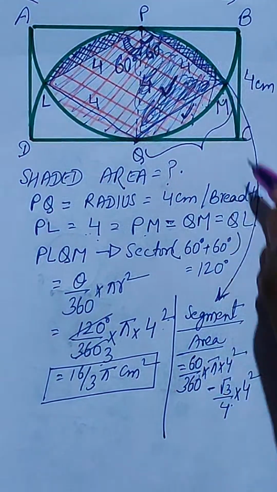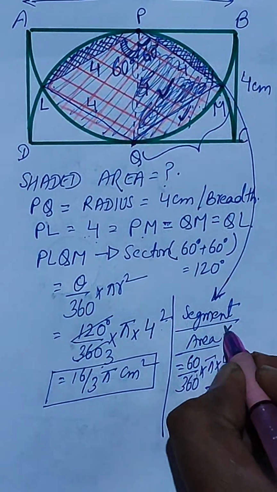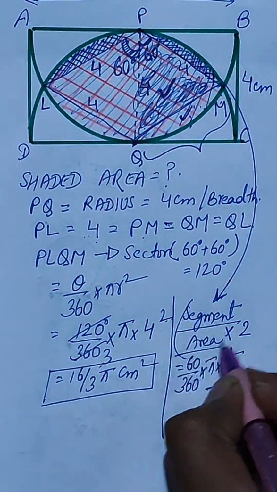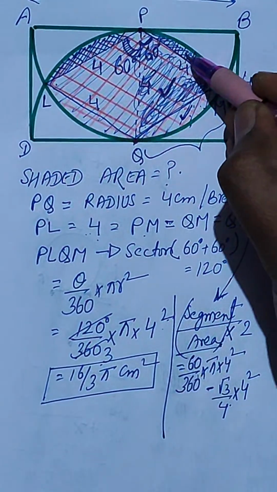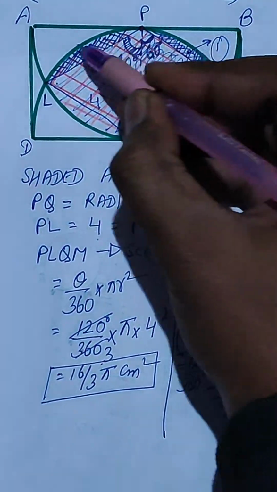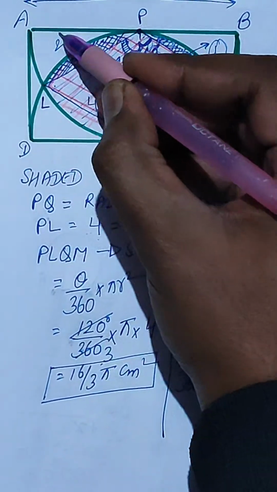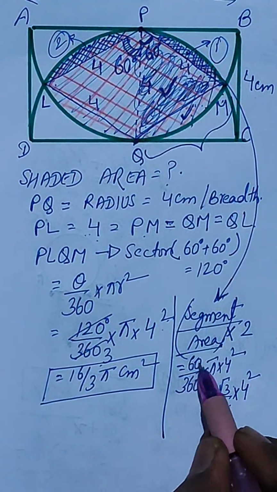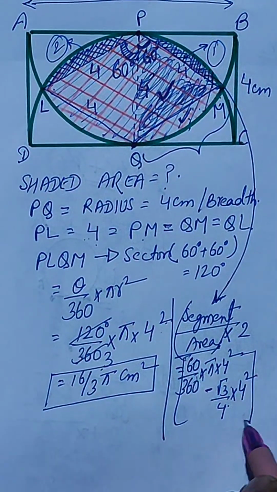Basically, this is not only one segment, but when multiplied by two you get this area. Here also, this is one segment and this is another segment. So this will give you the area of two segments.